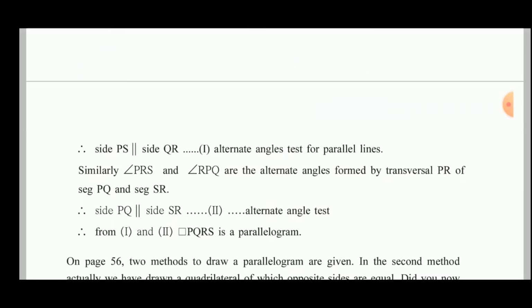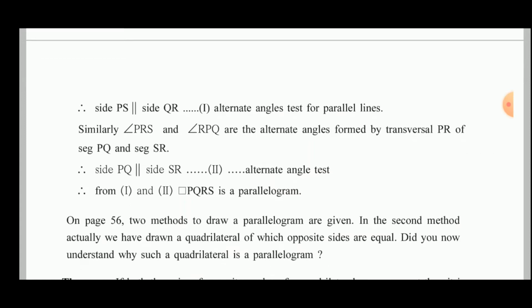Similarly, angle PRS and angle RPQ are alternate angles formed by the transversal PR of segment PQ and segment SR. Therefore, side PQ is parallel to side SR, by the alternate angles test. Now, from 1 and 2, quadrilateral PQRS is a parallelogram.